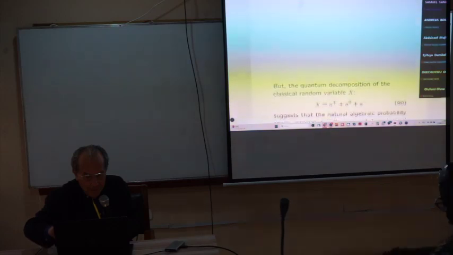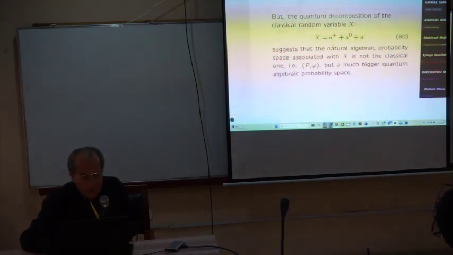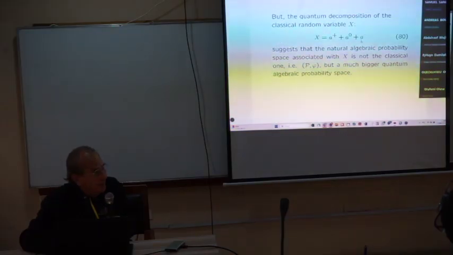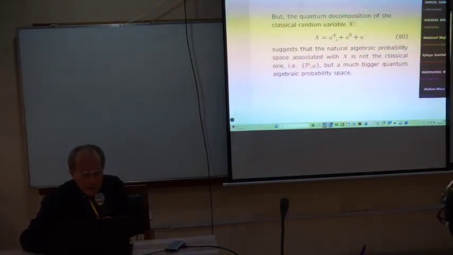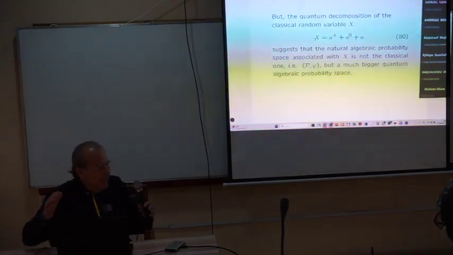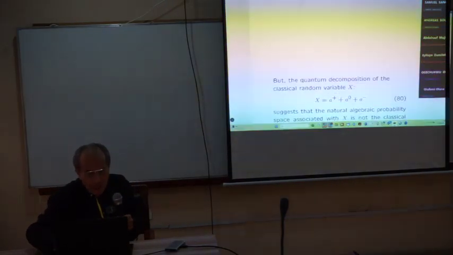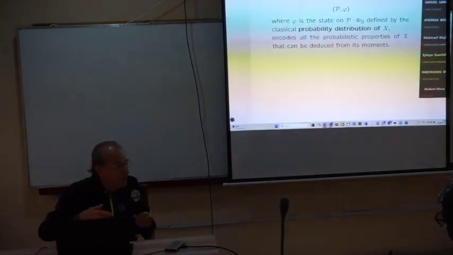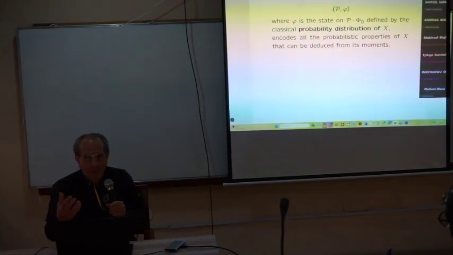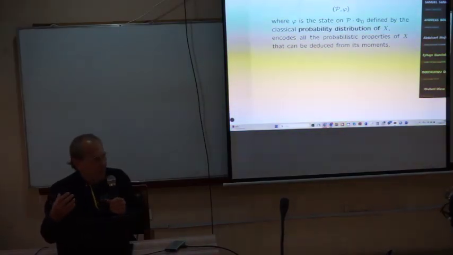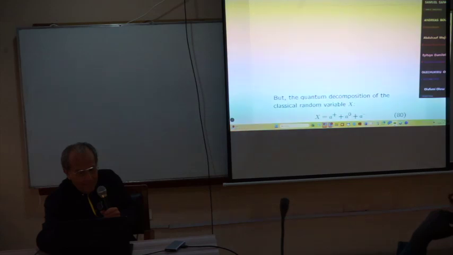Now, but we know from the quantum decomposition that x is the sum of three objects. So what we can do is to say, let us ampliate the algebra of polynomials. So the algebra of polynomials is a fundamental object of mathematics. But now, when this polynomial corresponds to a probability measure, we ampliate this algebra.